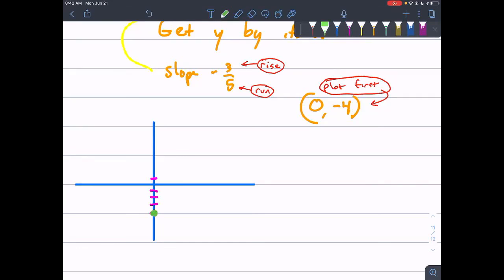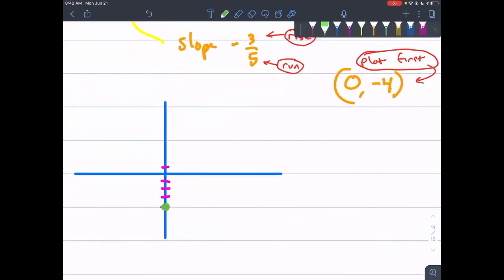So we've got that point. I don't know how well you guys can see this, but I went to 0, -4, which is just down 4 spots. And then we're going to rise -3. Going to go down 3.